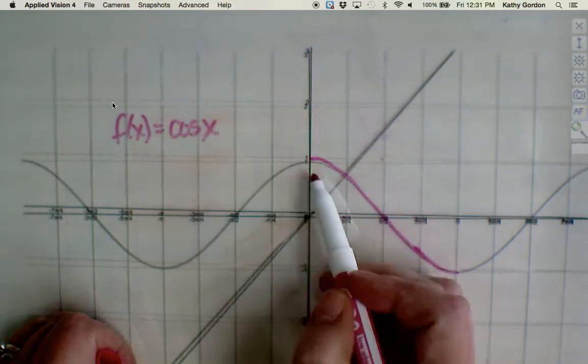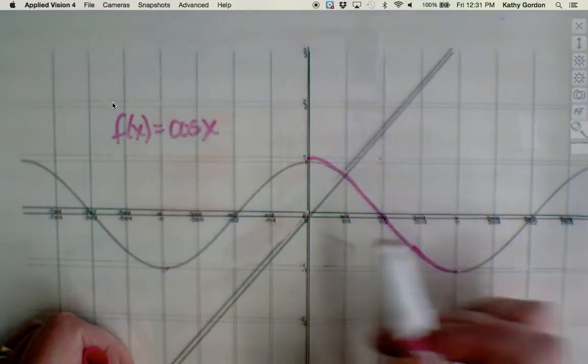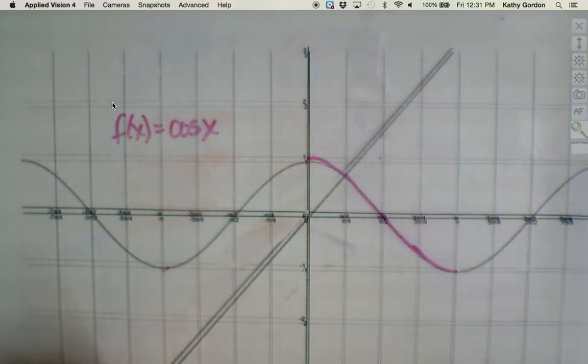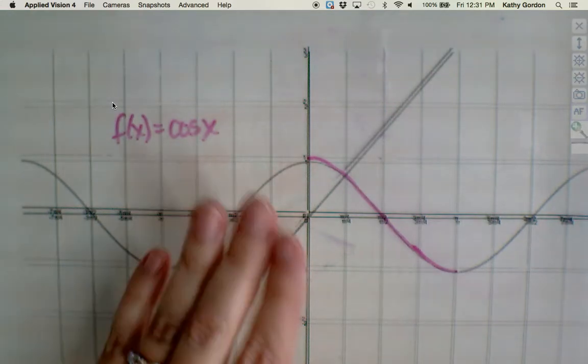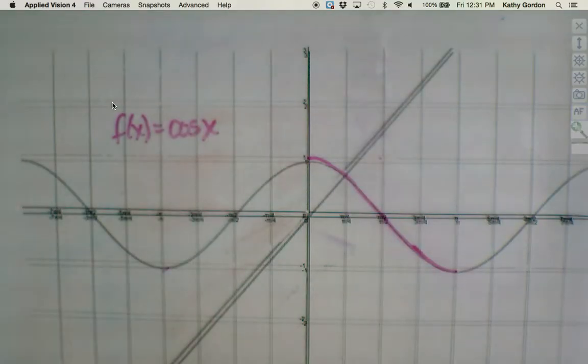I could go from here to here and it would pass, or from here to here and it would pass. But there's this particular piece that is mathematically accepted to be the piece. So for sine, it's the one around the middle, from negative pi over 2 to positive pi over 2. For cosine, it's the positive, from 0 to pi.